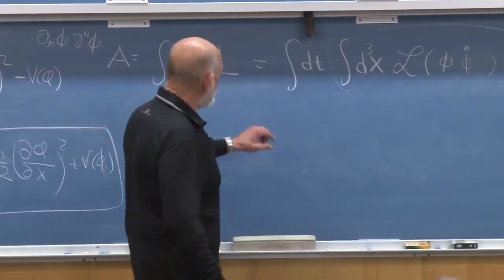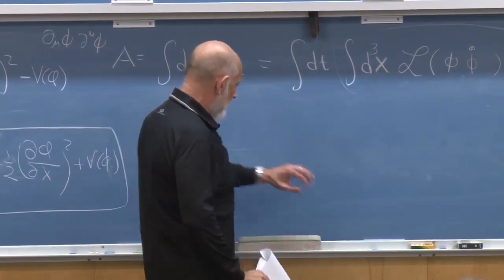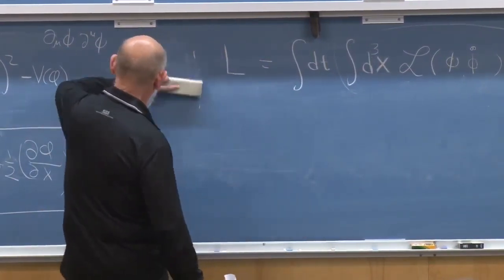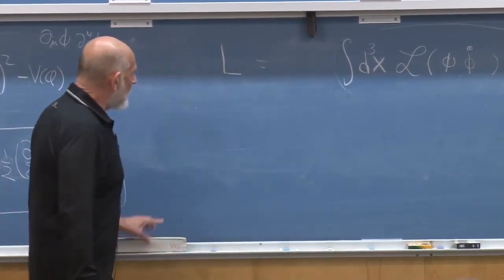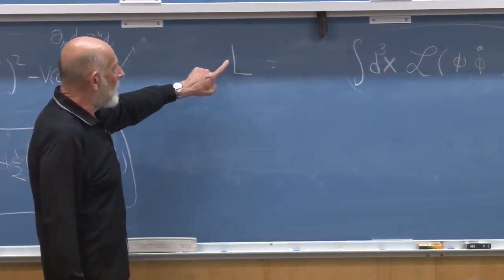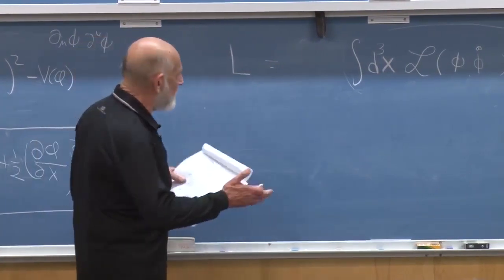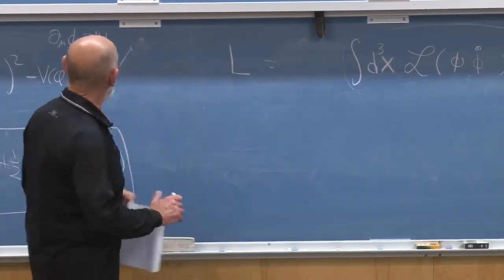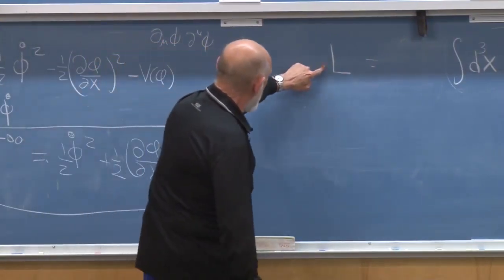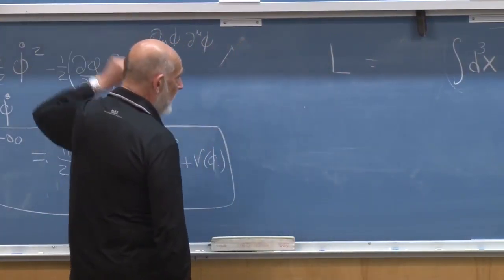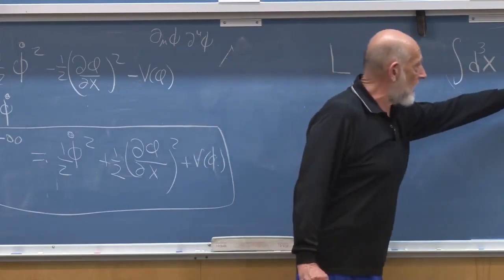Then when you go to differentiate the Lagrangian, let's just say the Lagrangian is equal to this, with respect to phi dot at some specific point, right over here, well, where does that phi dot occur?